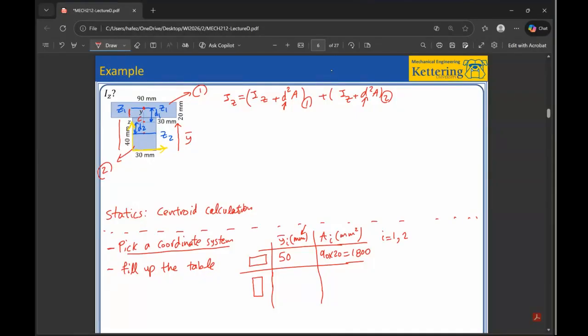All right, so yes, it is this length. It's y bar 2. So that is 20. And the area is 30 by 40.